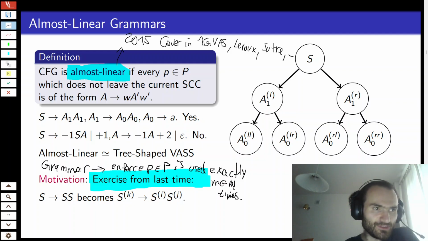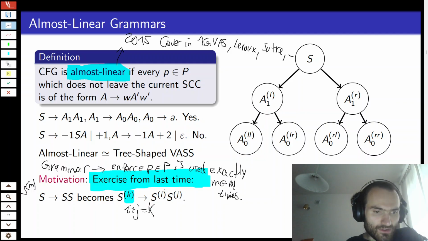Okay, what happens if you do this? Well, first of all, how do you implement this? You would start with the non-terminal S_m, where essentially this number up here remembers how often you still have to use the production. And then whenever you have a rule S goes to S S, you split the k between i and j, where importantly of course you want to have i plus j equals k.